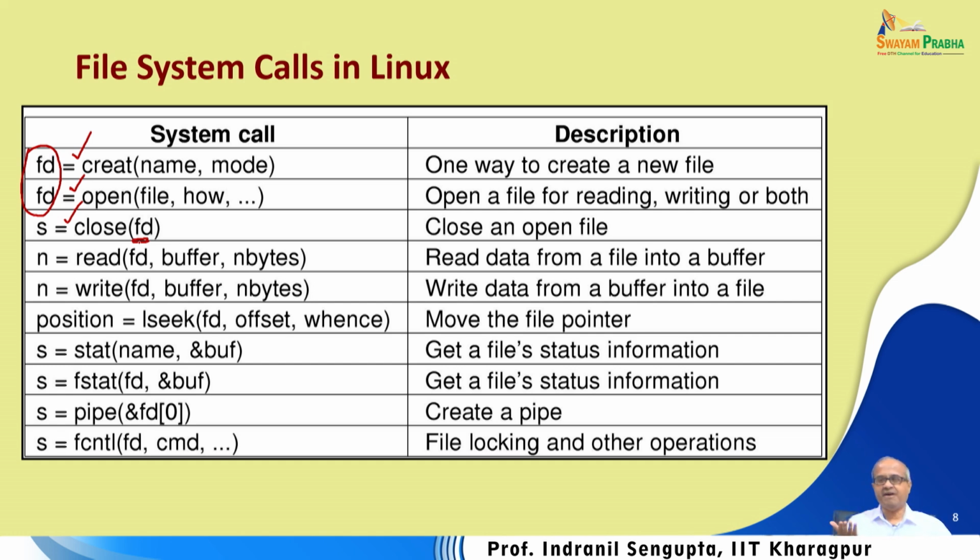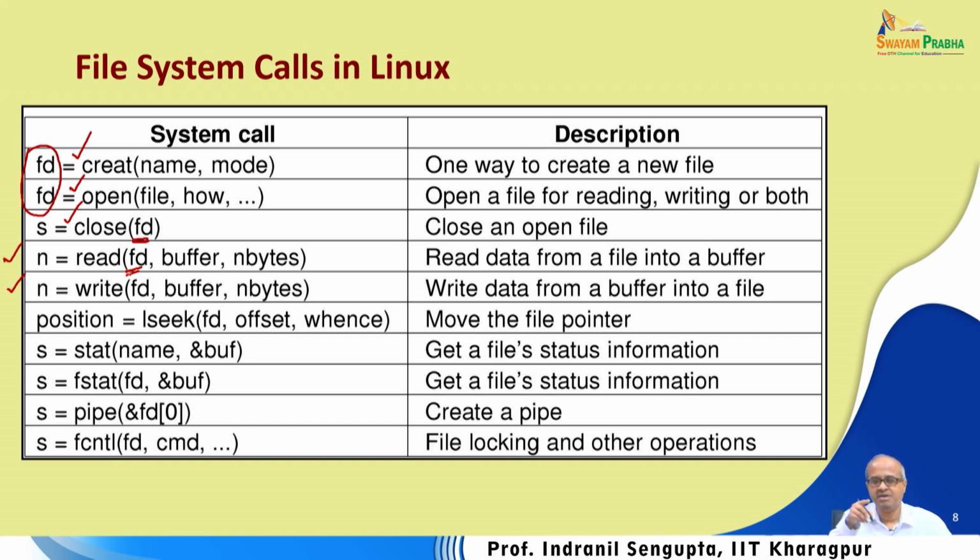For accessing the file, you can read or write. There are 2 functions here, one is read, the other is write. In both these function calls, you specify the file descriptor, and you specify a buffer space in memory, a pointer to a memory location.